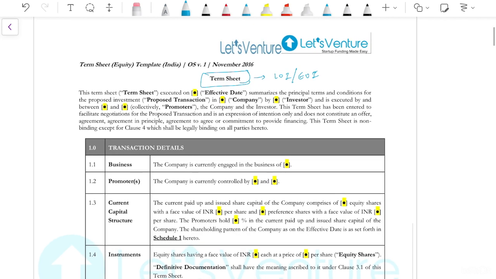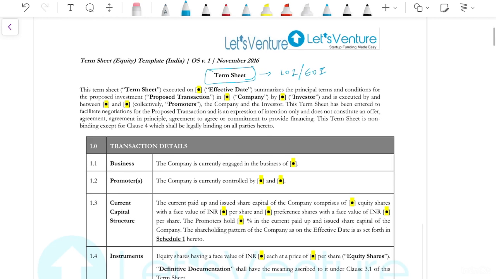Now, this term sheet can be legally binding and this term sheet can be not legally binding, which means that the term sheet can either be a non-binding term sheet or the term sheet can be a binding term sheet.